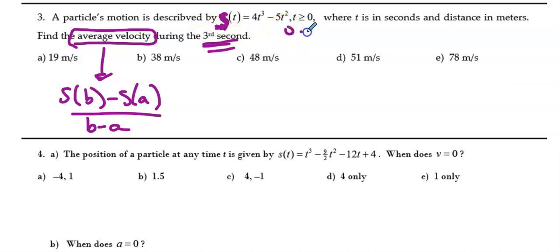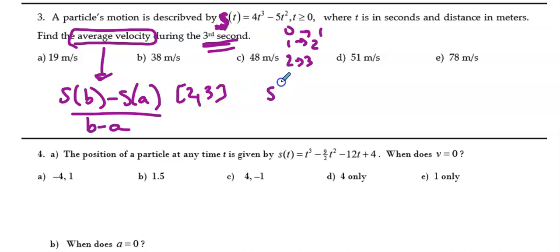So 0 to 1 is the first second, 1 to 2 is the second second, and 2 to 3 is the third second. A lot of students think of over the course of 3 seconds, but it says during the third second. So I want the interval from 2 to 3.